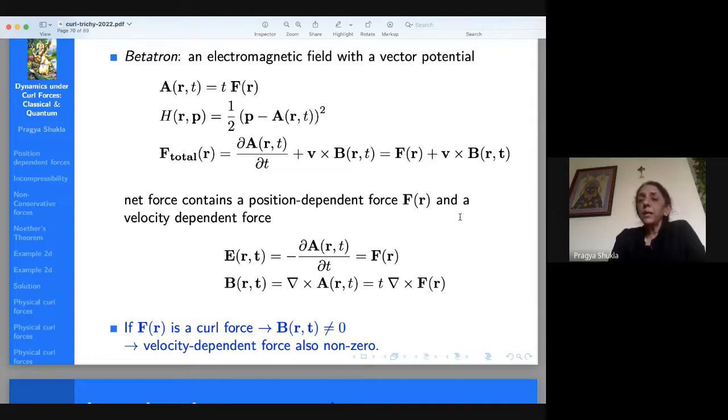And as I had already said in the beginning, we are more interested not in those forces. We are interested in forces whose curl is not zero, but they are only position dependent, not velocity dependent.